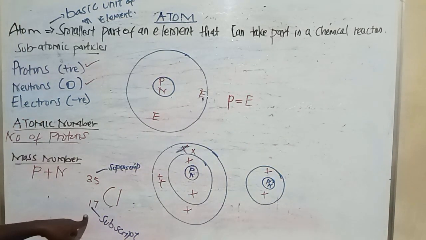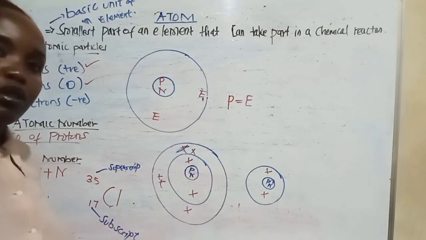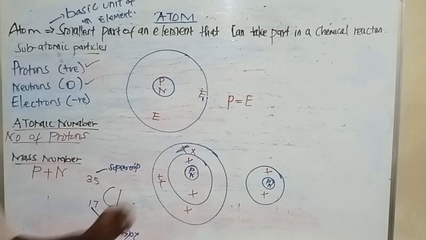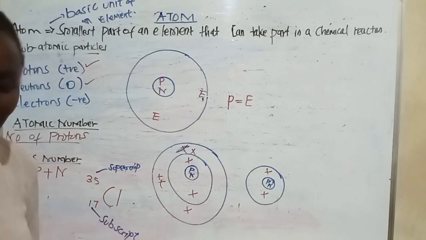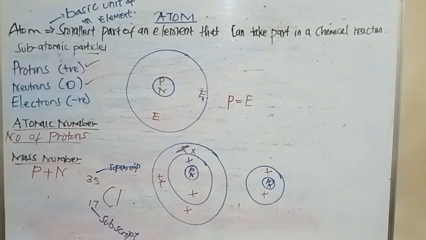Chlorine is atomic number 17, meaning it has 17 protons. This means that the number of electrons in chlorine would also be 17, as the number of protons is the same as the number of electrons, making an atom electrically neutral in charge. So that is it about atoms.